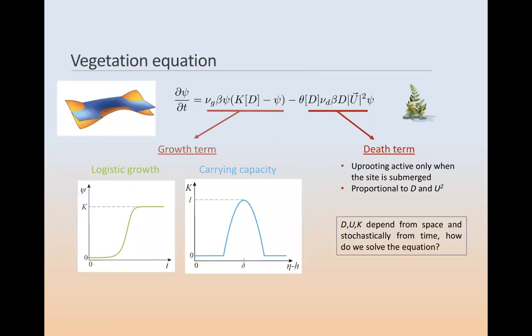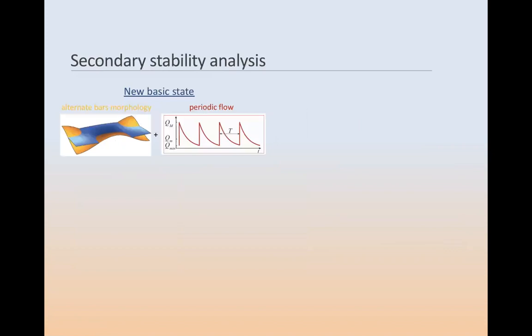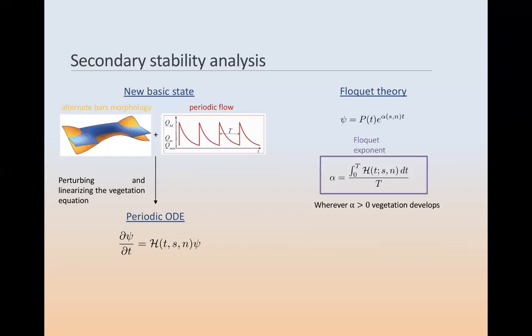So we did a sort of secondary stability analysis starting from a new basic state, which is the basic state with alternate bars morphology already established, plus a periodic flow, plus the evolution of vegetation. We know that the use of periodic forcing calls for a Floquet theory, which provides, in this case, just one Floquet exponent.